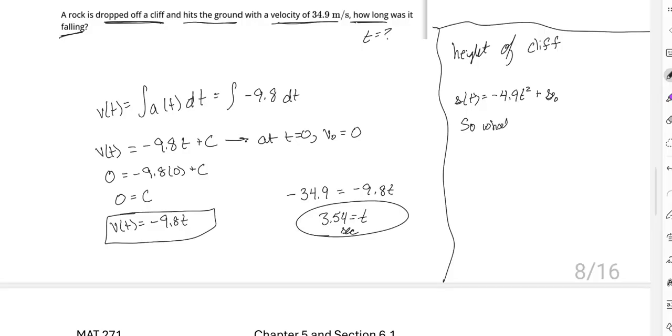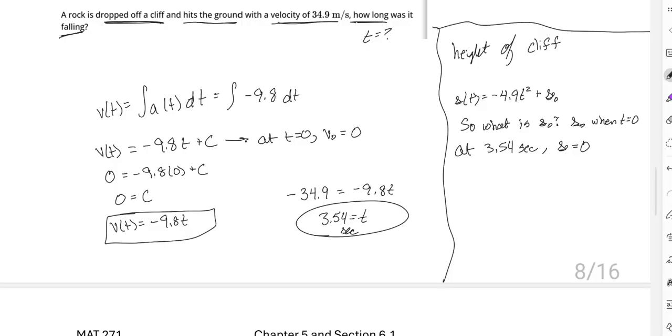So what is S naught? Well, S naught happens when t is equal to 0. And we know at 3.54 seconds, our height is equal to 0. That came from when we hit the ground, the velocity, and the time that we found a second ago.